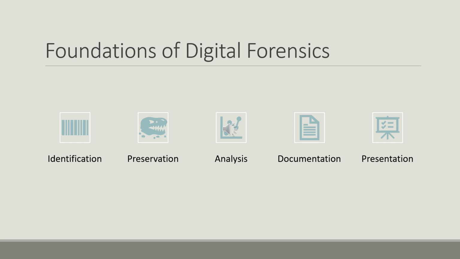The third phase, which is analysis, involves interacting with the data to understand how the crime occurred. All steps during this process should be documented to be used in court. Last but not least, presentation is communicating your findings in a setting like an expert testimony for court.